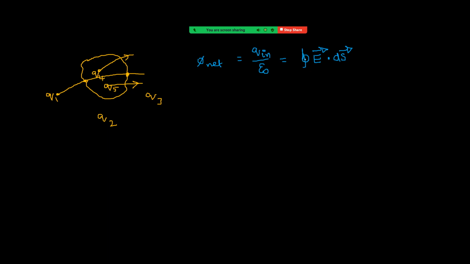And we know how to calculate electric flux, that is integral E bar dot ds bar. So the only change is that we are calculating electric flux through a closed surface, and that is equal to net charge inside upon epsilon naught. This is what we call Gauss law statement.